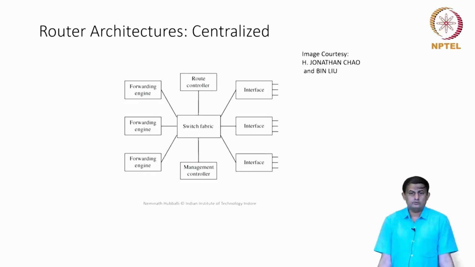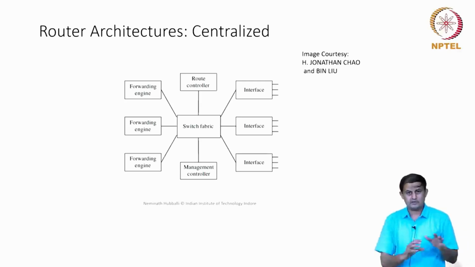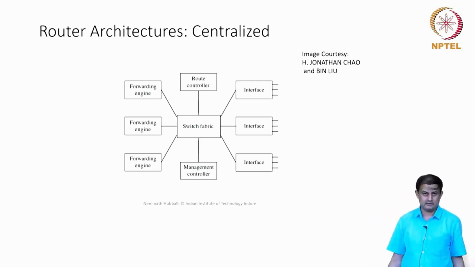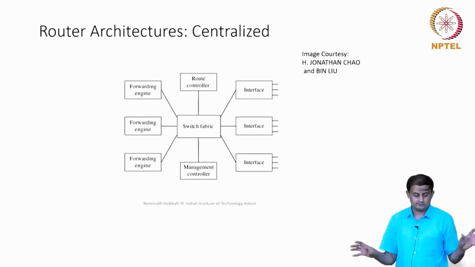Okay, so now the next question that we want to ask is, how do we actually build the router? There is a control plane operation and there is a forwarding plane operation, or the data plane operation, and these are two different things.